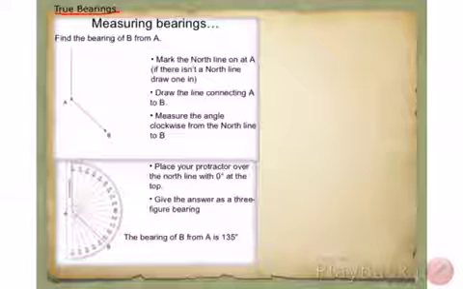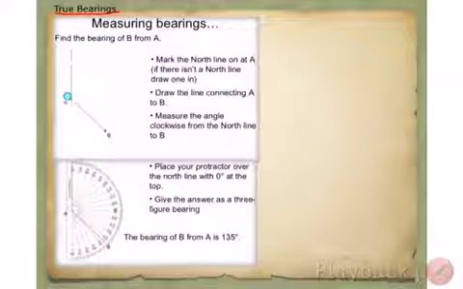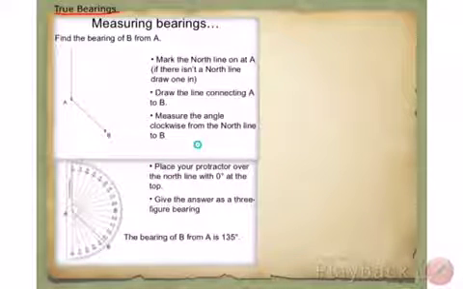And the last thing that we're going to look at is the true bearing. So find the bearing of B from A. A is my starting point, so I mark the north line on A. If there isn't one, draw it in. A is my starting point, I'm going from A. That's really, really important. Draw the line connecting to B, so from A to B, and measure the angle clockwise, always clockwise.